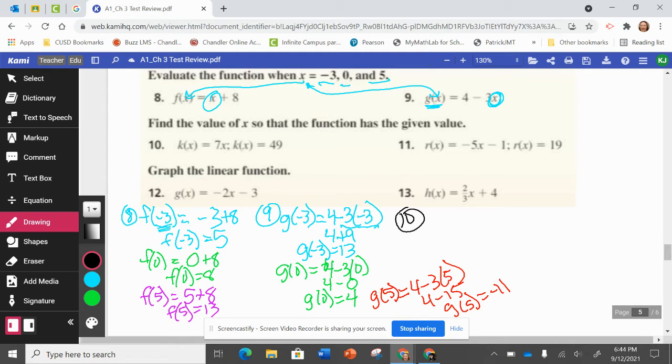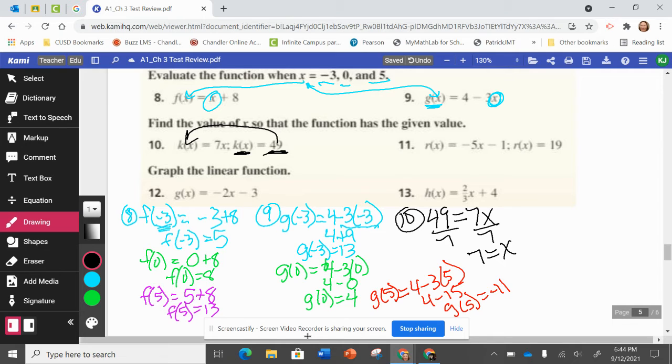So for 10, they're saying the answer is 49. 49 is equal to 7x. Solving for x, the opposite of 7 times x is to divide by 7. 49 divided by 7 is 7. So the x value we plugged in was 7.